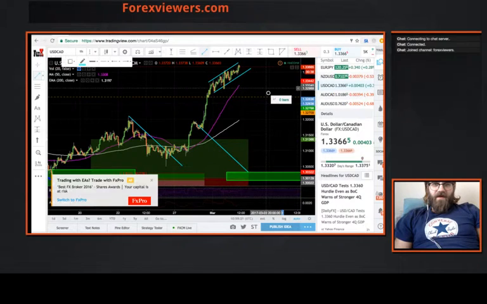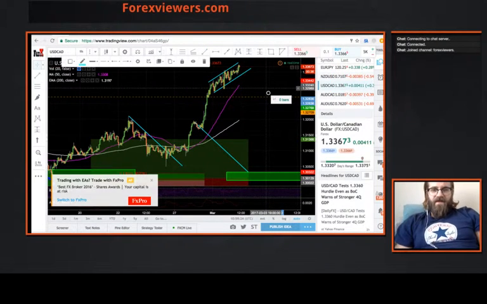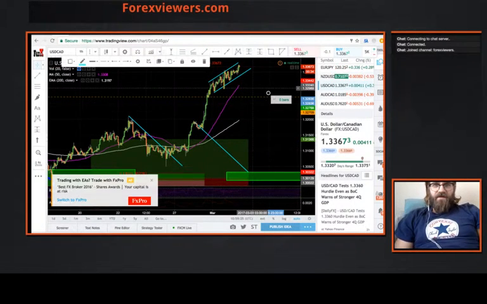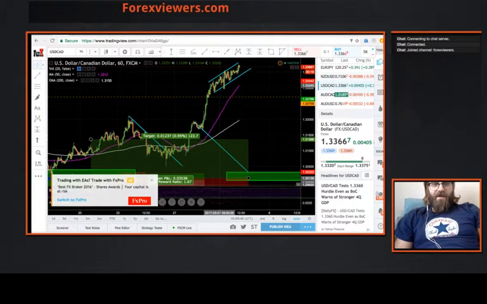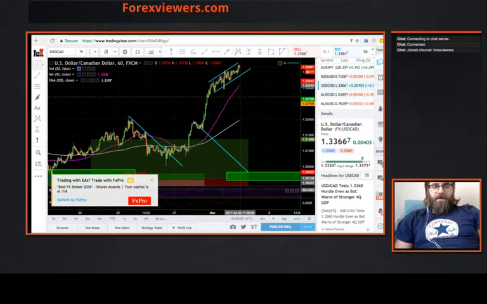Not the perfect pattern, but we are getting the divergence here as well on the RSI. If you can check that out right here. So the market is moving up, and you can see that the market is moving down here or lower on the dollar CAD, creating a divergence. So that might be a sign that we might be dropping.